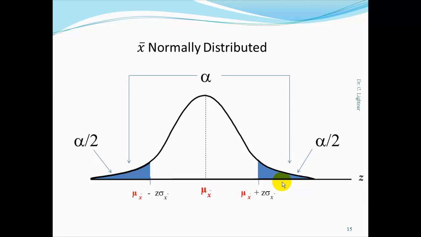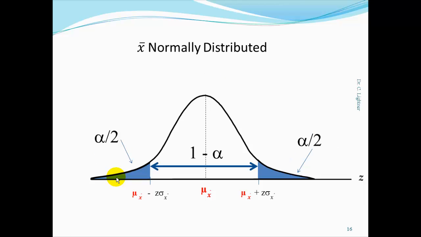Since we know that the normal curve is symmetric about the mean, half of alpha must be in the upper tail and the other half of alpha must fall in the lower tail. The area between these values is 1 minus alpha.